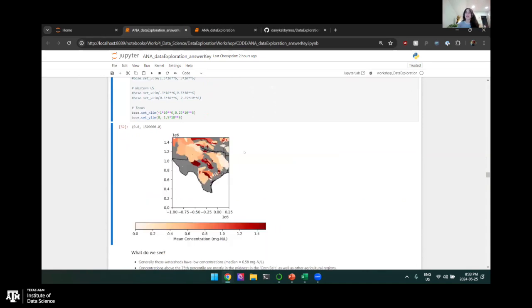So, in Texas, what we end up seeing is that there are quite a few watersheds in dark red. So I guess whoever is from Texas, can we maybe chat about why you might be seeing this, if anyone's familiar with what happens in Texas?